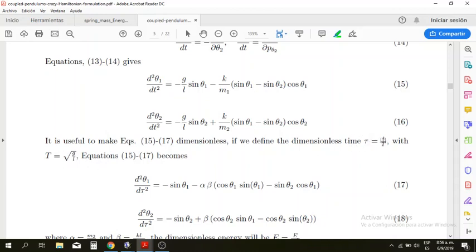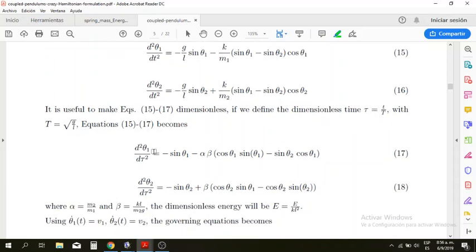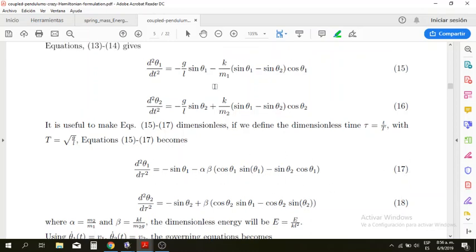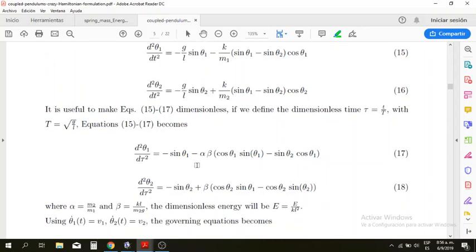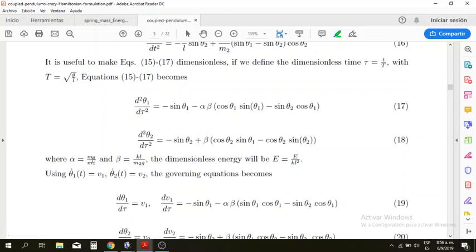Using this dimensionless quantity, we will obtain equations 17 and 18, which are equal to this one. The difference is that instead of t there will be tau squared, and now these two parameters, alpha and beta, will appear, where alpha is equal to m2 divided by m1, the relation between the masses, and beta is a parameter related to the elastic force, k times L divided by the weight m2 times g.